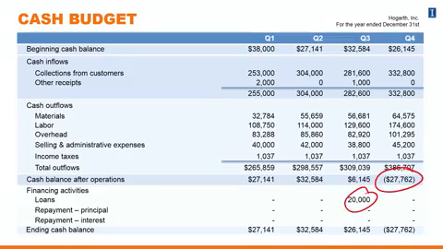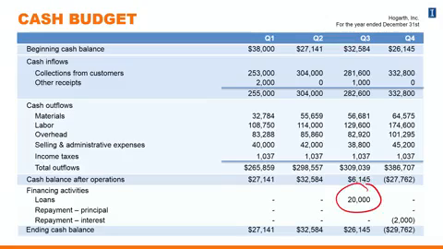So obviously we'll need further financing in quarter 4. As a matter of fact, there's additional bad news in the sense that we can expect that on the $20,000 that we borrow in quarter 3, we would actually have an additional cash outflow for interest on that loan. And perhaps we even have to pay back some of the principal in quarter 4 as well.